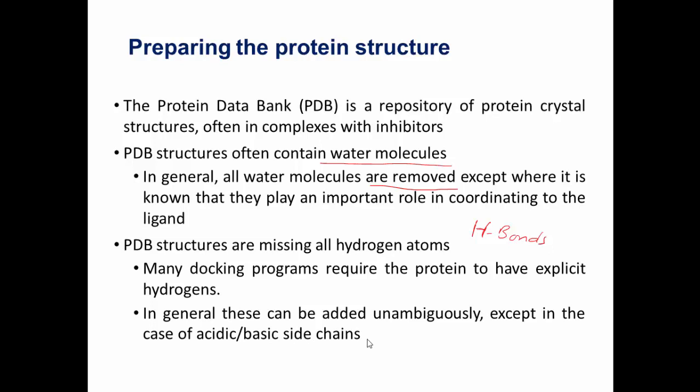In general, these can be added ambiguously, except in the case of acidic and basic side chains. In all proteins or enzymes there are acidic and basic side chains, so you have to check, and some software allows accurate addition or removal of hydrogens from these residues.